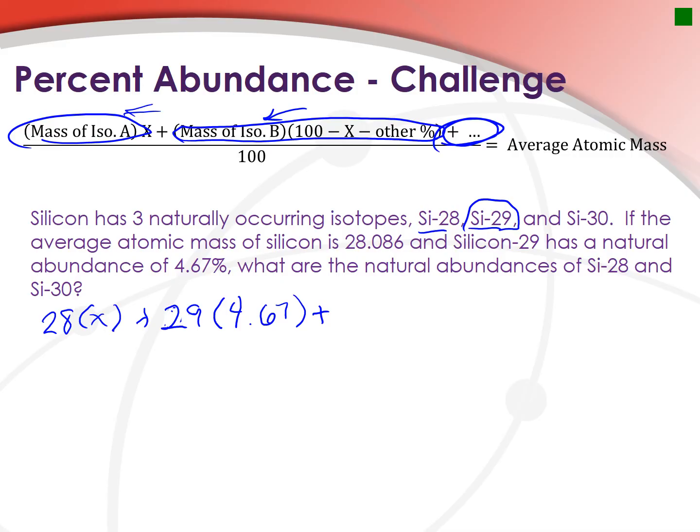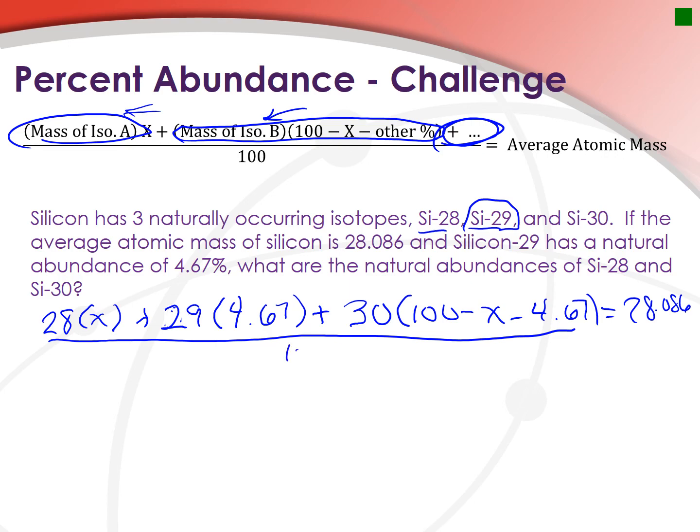So my 3rd one is the one that I don't know, and so that would be silicon 30, which is going to be 30, and I'm going to take 100 minus x minus the other percentages that I know. So minus, in this case, 4.67. And that is going to equal my average atomic mass, which is 28.086. All of that we need to then divide by 100.